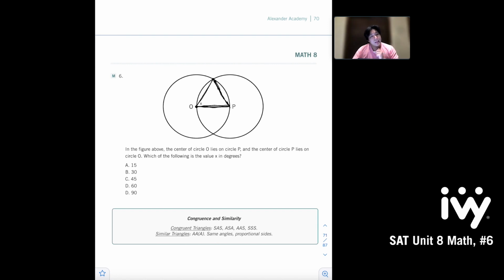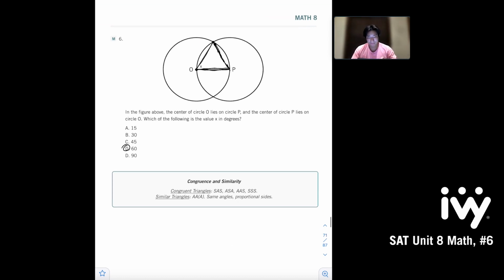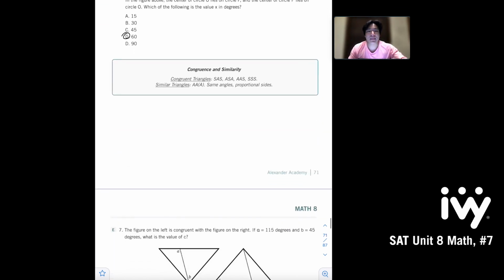So if all three of these sides of this triangle we just drew are radii, that means they're all the same length, which means that this is actually an equilateral triangle. So all of the angles in an equilateral triangle are of course 60 degrees, so x must in fact be 60 degrees, D.